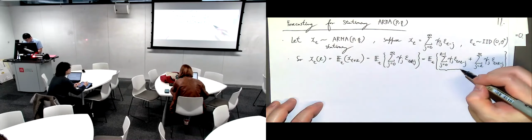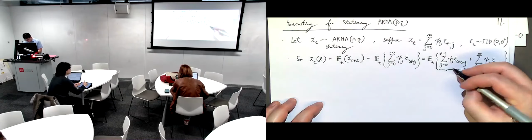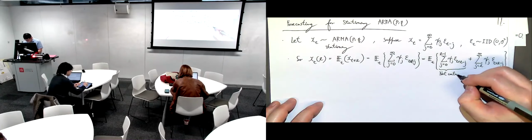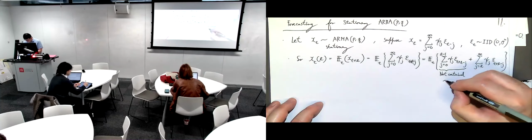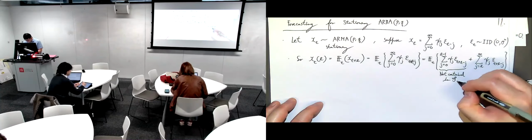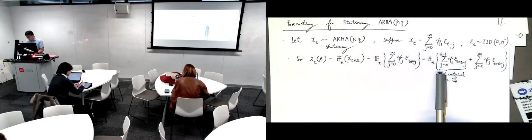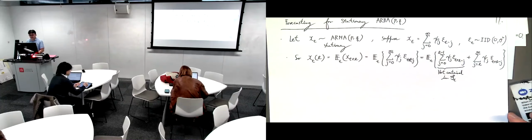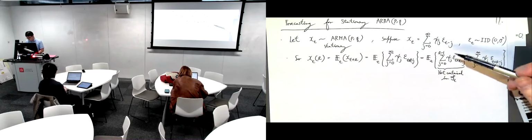So why do I decompose it like this? Well, because you can see immediately this part is not contained in Ft. You substitute j from 0. Now j is 0, this is epsilon t plus L. When j is 1, epsilon t plus L minus 1. Still ahead of time t.